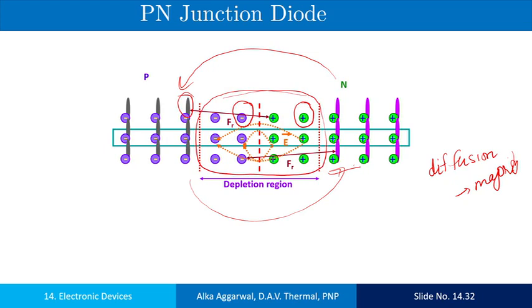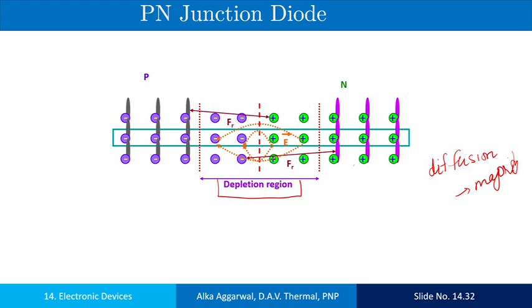It has only stationary positive and negative immobile ions. This region is called the depletion region, which is depleted of free charges.